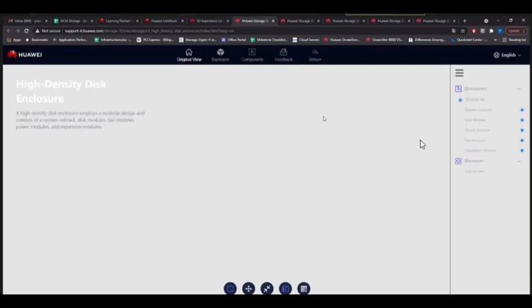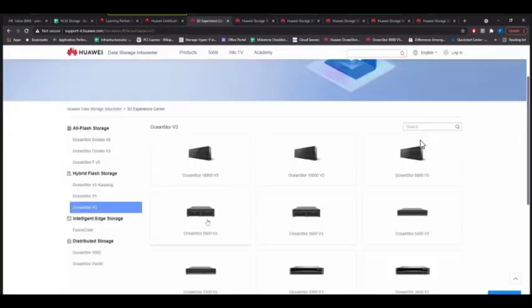Okay. But there are a lot of different versions and all that. I don't recommend that you remember all the series. Just take note of V5, V6, and understand the characteristics of all flash storage, hybrid flash storage, and so on. But if you want to remember all the different products, OceanStor V3 starts with 2006, 2008, 5003.